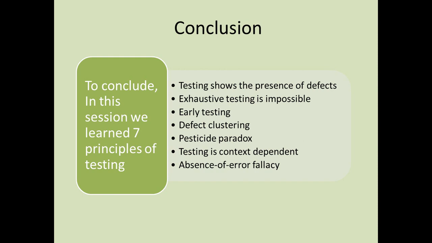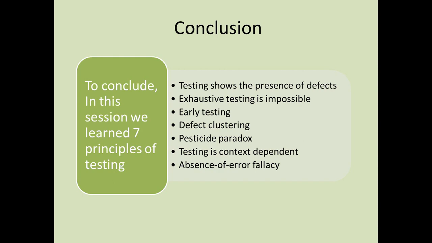Defect clustering means there are some modules in the software which are complex or not implemented in the right way, which contain the maximum number of defects. And pesticide paradox: if you are using the same test cases again and again in your future test cycles, you are not going to find any new defects unless you modify and update your test cases with new test cases and new input data.